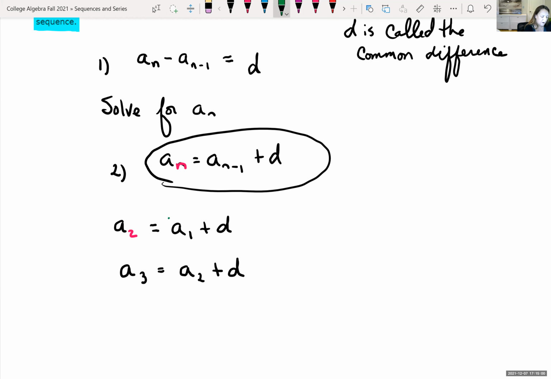So we're going to use substitution. We know what a sub 2 is from above: a sub 1 plus d. And then we have this extra plus d. Simplifying this down, we have a sub 1 plus 2d.